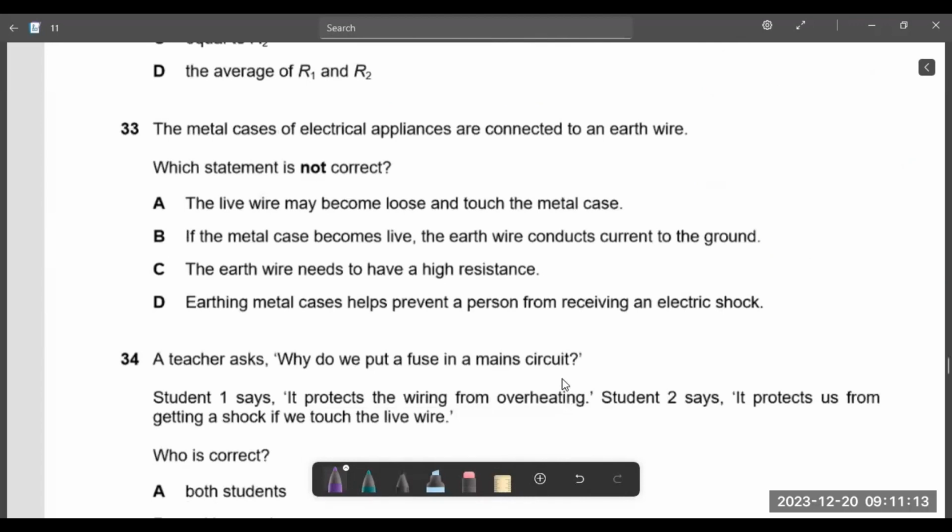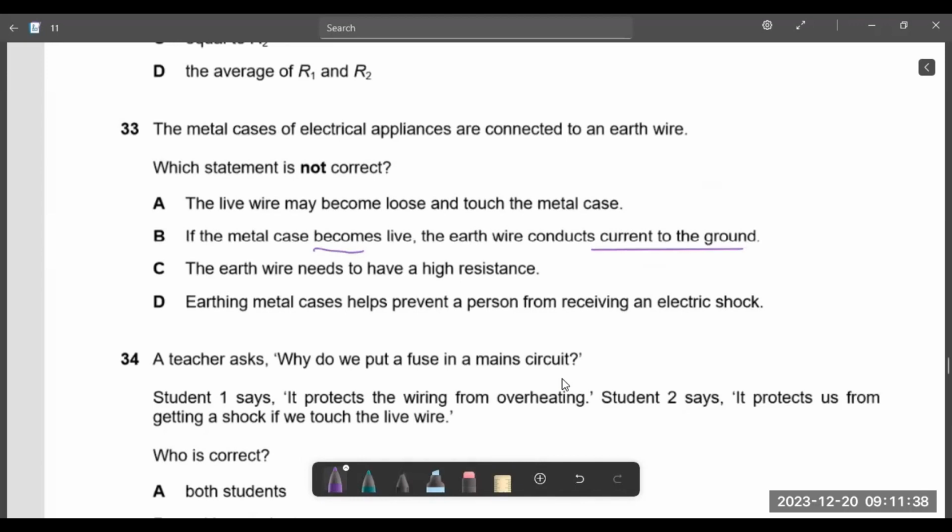The metal cases of electrical appliances are connected to the earth wire. Which statement is not correct? Live wire may become loose and touch the metal case. It is right. So we need to connect an earth wire with low resistance. If the metal case becomes live, the earth wire conducts the current to ground.